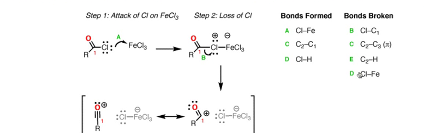Okay, so let's walk through the detailed mechanism of this reaction. Starting with our acid chloride, when we add iron trichloride, what happens with all of these electrophilic aromatic substitution reactions is that our electrophile, in the case of this reaction our acid chloride, is an okay electrophile, but the Lewis acid is going to make this an even better electrophile. It's going to make it even more electron poor.